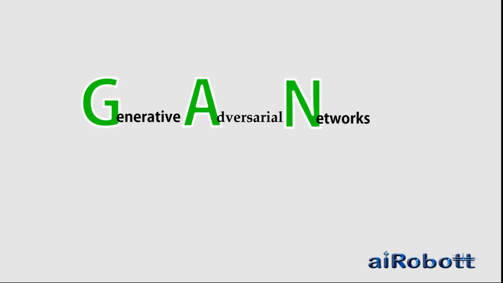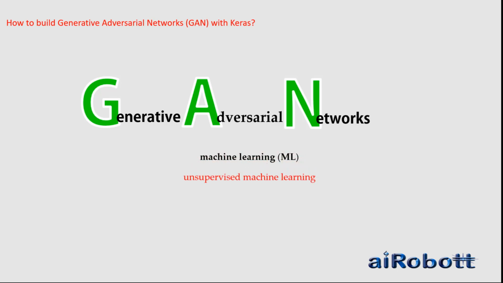Major research and development work is being undertaken in this field because it is one of the most rapidly growing areas of machine learning. Generative adversarial networks are a type of deep neural network architecture that uses unsupervised machine learning to generate data. They were introduced in 2014 in a paper by Ian Goodfellow, Yoshua Bengio, and Aaron Courville.